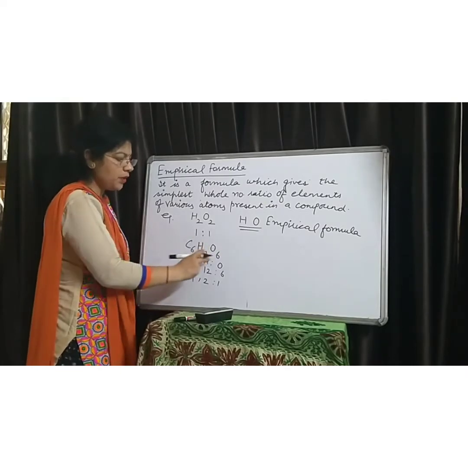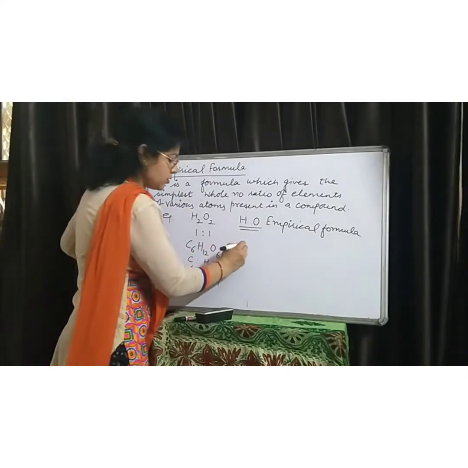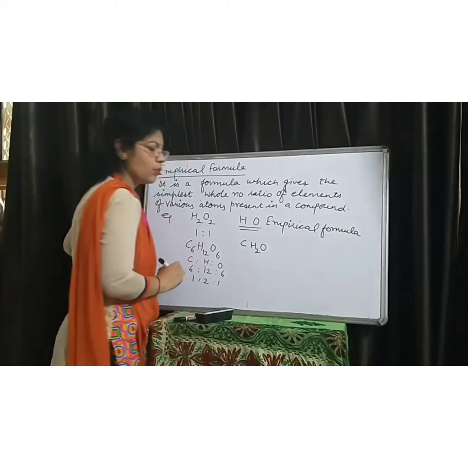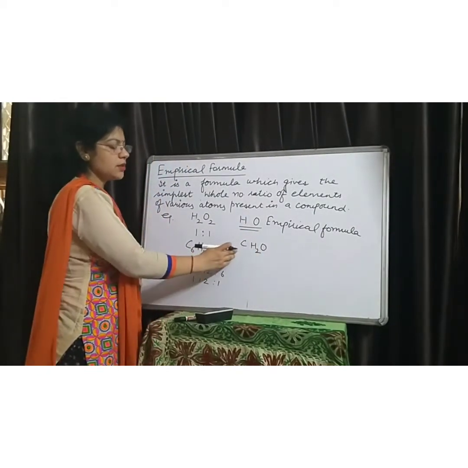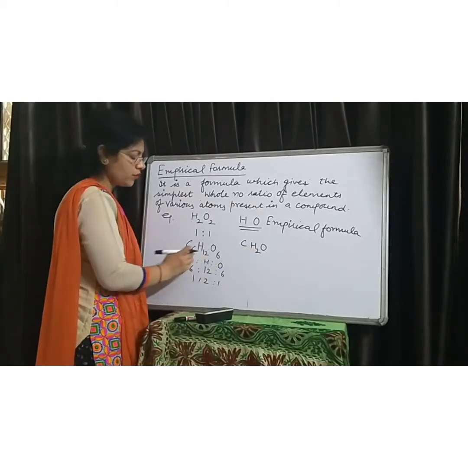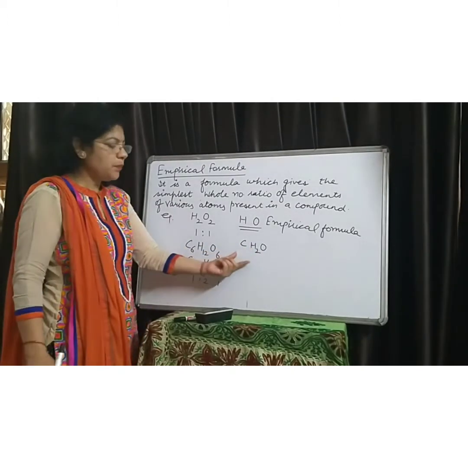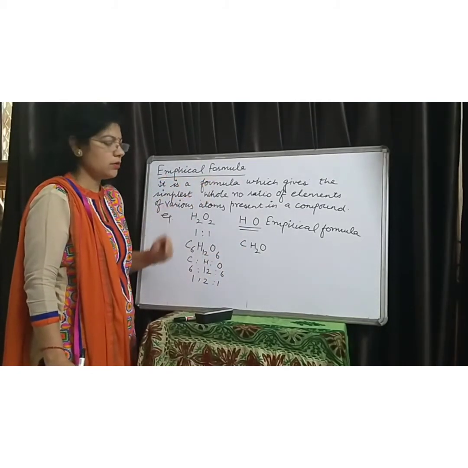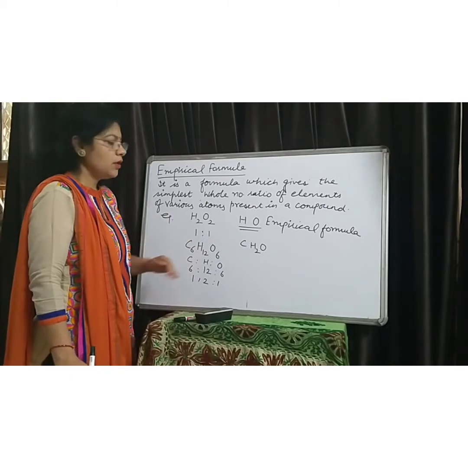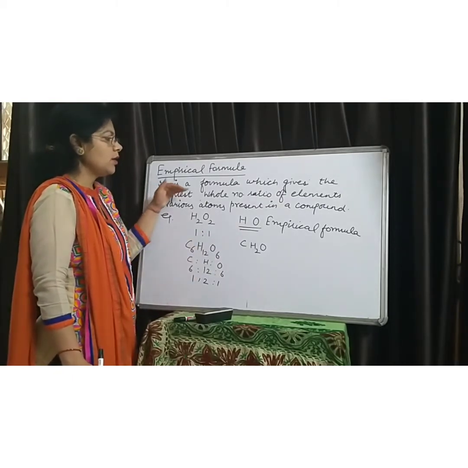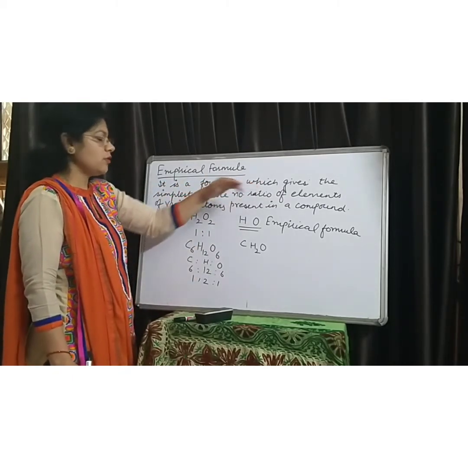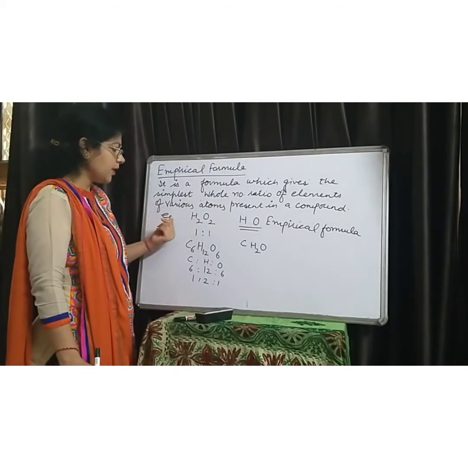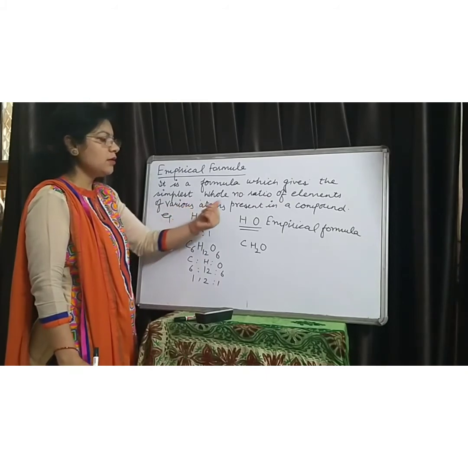So the empirical formula of glucose is CH2O. This is the simplest formula of glucose, and this simplest formula is known as the empirical formula. Hence, we define the empirical formula as the formula which gives the simplest whole number ratio of the elements present in a compound.